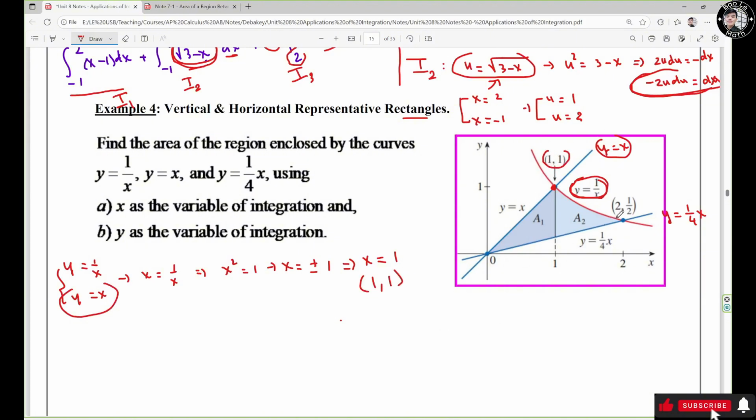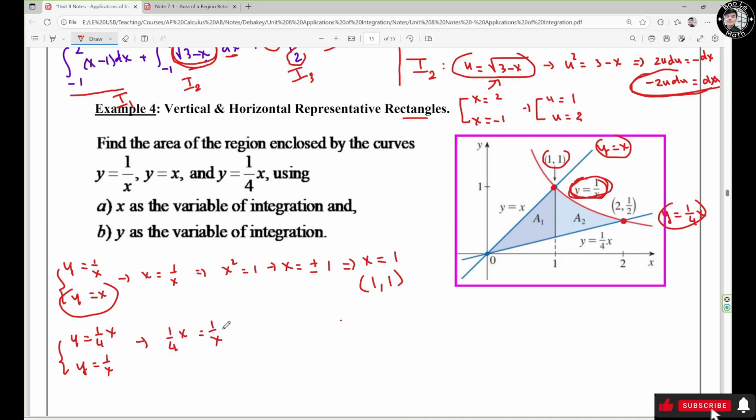Now secondly, you're going to find the intersection right here, between this one and this one. So you have y equals 1 over 4s and y equals 1 over s. So 1 over 4s equals 1 over s.